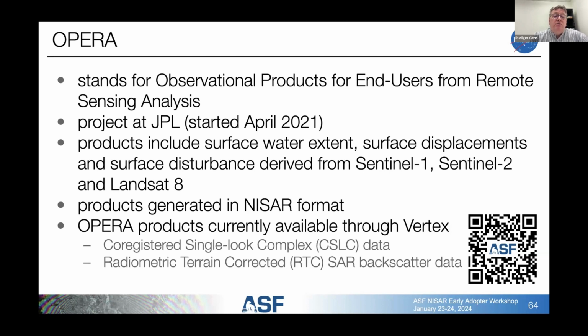And Eric mentioned there's slightly different nomenclature here. It's the radiometric terrain corrected SAR backscatter data, which is the closest to the GCOF data for NISAR. The main point, as I said, is that these are products generated in NISAR format.